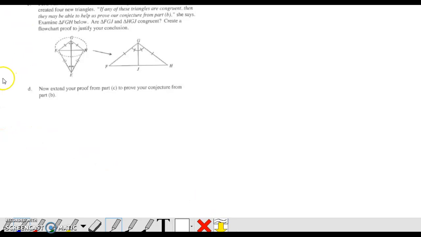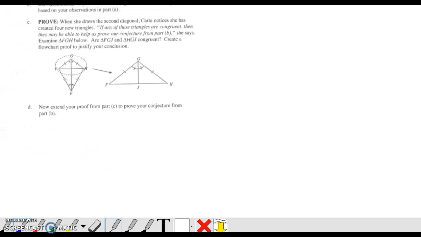Okay. So where do we begin with this proof? Well, I know that originally Kip had started off with this triangle and made it congruent to that triangle. So that's the information that I'm going to start off with. I'm going to start off with that my triangle FGE, I think it was, is congruent to my triangle HGE.